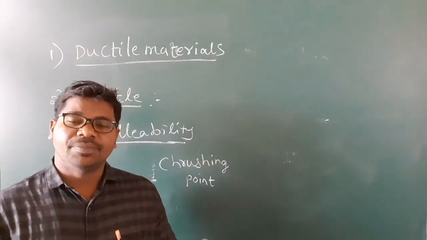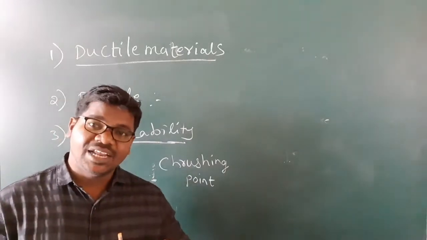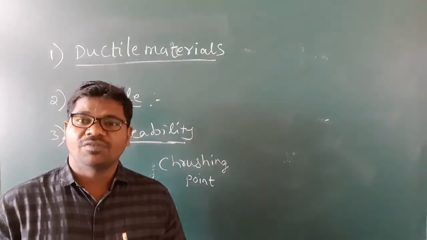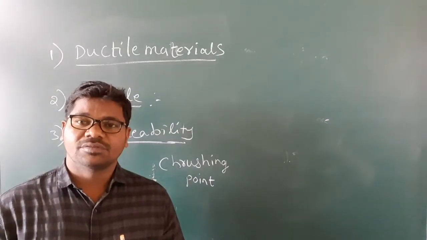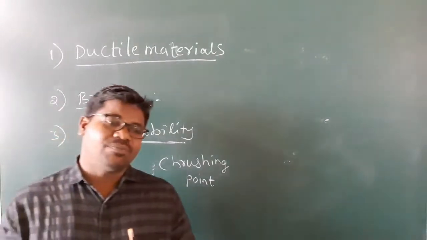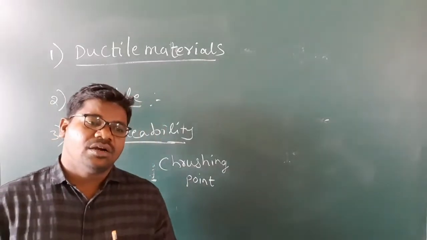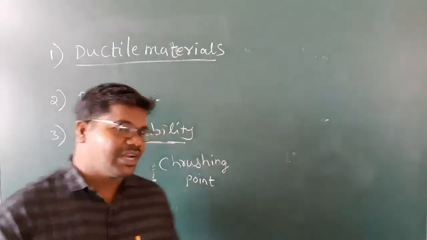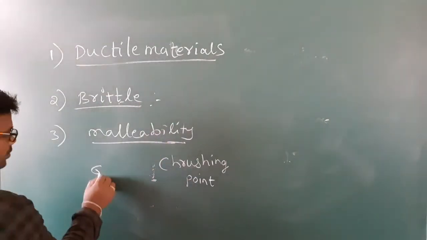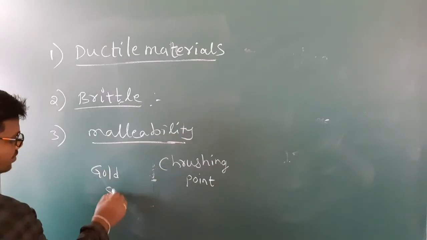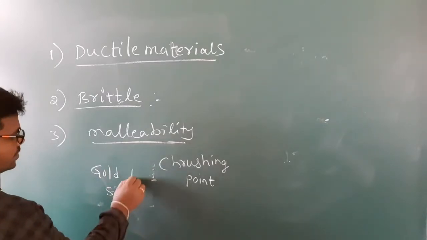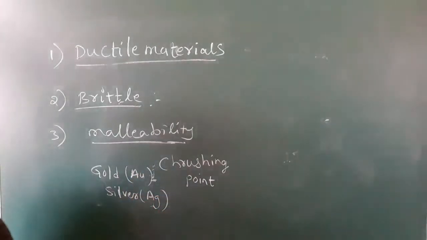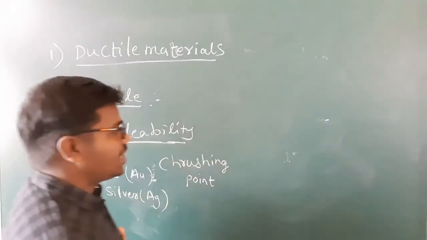Beyond the crushing point, the material will not regain its original shape and size after removal of the deforming force. Examples: gold, silver, Au and Ag. Understand? For this graph, we can observe that.